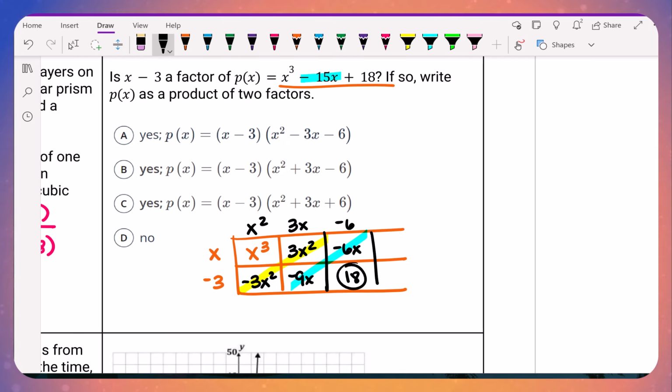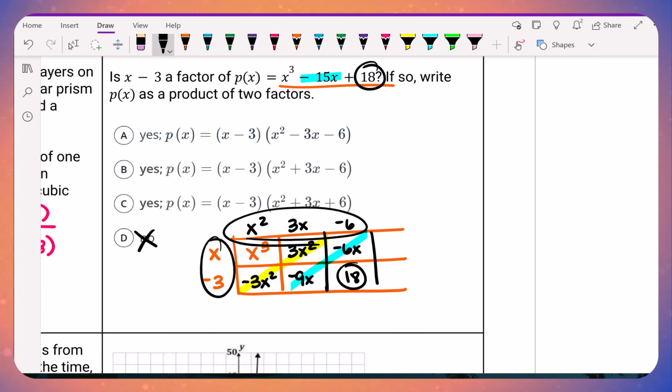Now, if I multiply all those correctly, I should wind up with a positive 18. So absolutely, it is definitely a factor. So no is not an option here. And my factors are actually what I came up with: x minus 3. These are all the same. And then this is how I'm going to figure out the answer. So the answer is B.